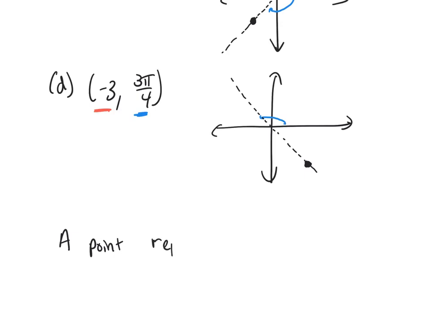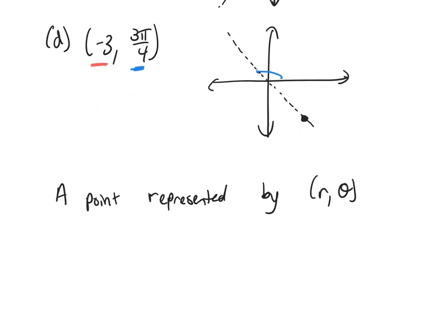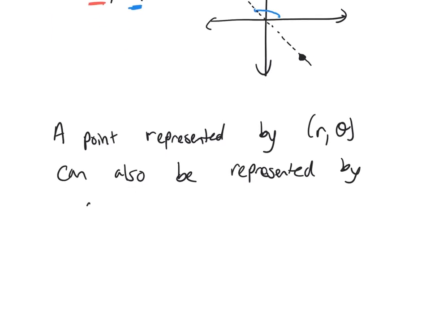A point that's represented by r, theta can also be represented by: I can add multiples of 2 pi, so theta plus n times 2 pi. So I can add or subtract multiples of 2 pi to my angle.